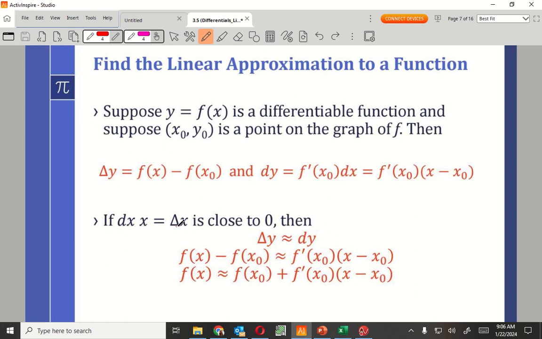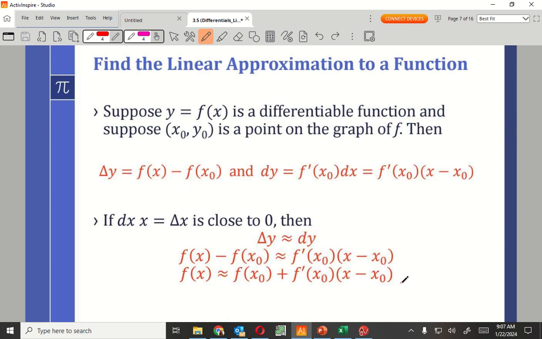If delta x is close to 0, then delta y is about dy, and doing my equation, f of x is about f of x sub naught, the point that's given to me, plus the derivative at x sub naught times x minus x sub naught.